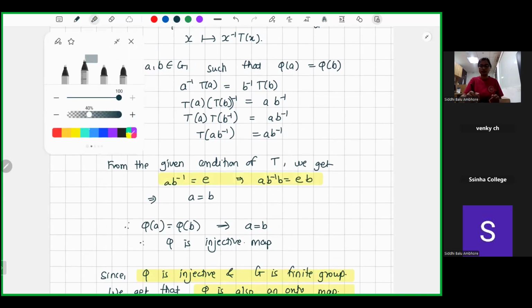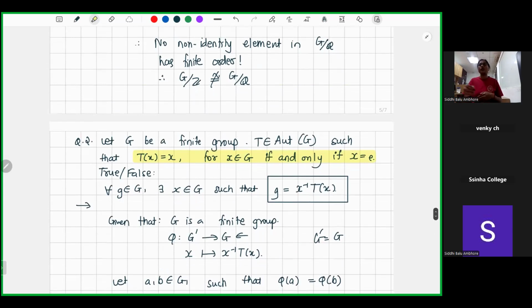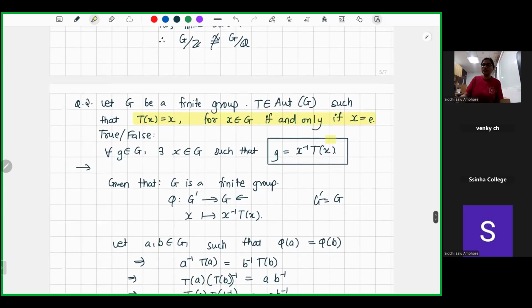So this property is important, only then can we say this. So what this gives me is that G is a finite group and T is an automorphism such that Tx is x if and only if x is identity. Then using this T, I can express every element of that group G as x inverse Tx.